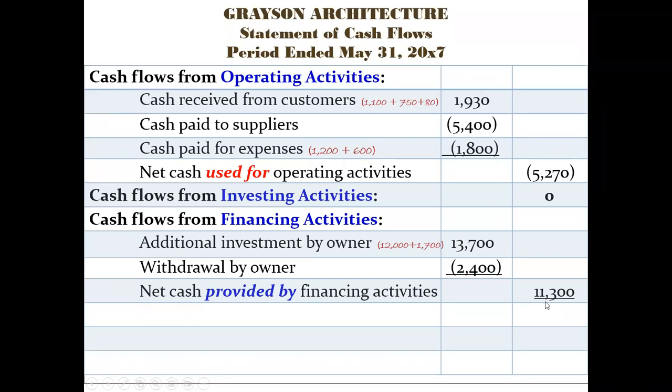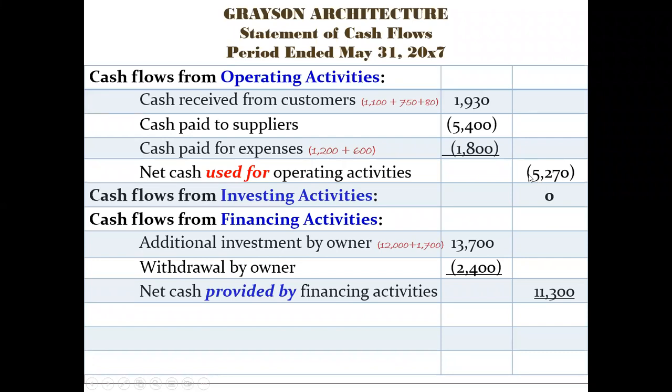Now remember, guys, when we looked at the cash account, the change in cash was an increase of $6,030. We are now going to add up the net cash used or provided by the different activities.